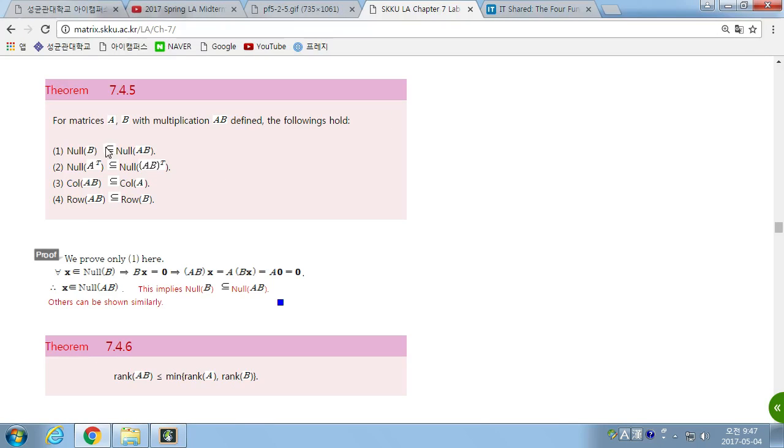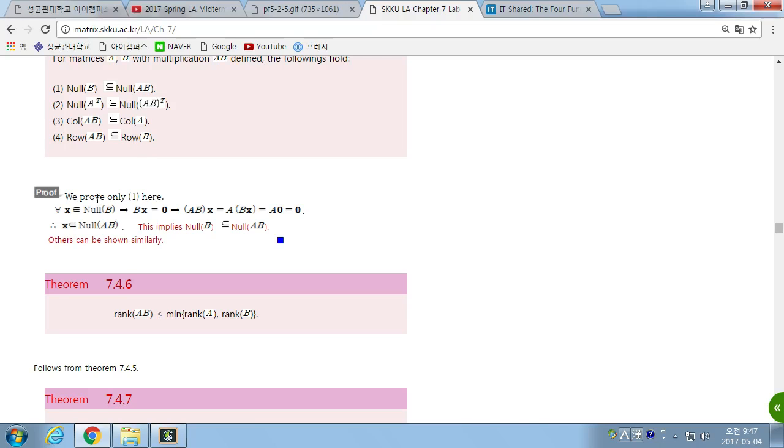From there, this kind of implication can be found. The null space of B is a subset of null space of AB. We can show this like what we said. Choose any vector x from the null space of B, then Bx is equal to 0. If we multiply A on both sides, then ABx can be written in this way, but Bx is 0, so A times the 0 vector is a 0 vector, which means x is a solution for AB, which means x is in the null space of AB.